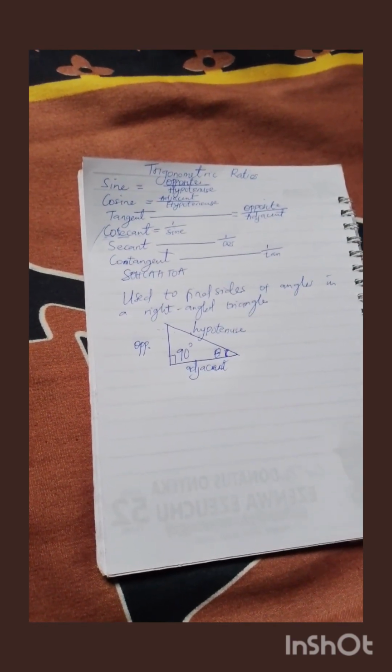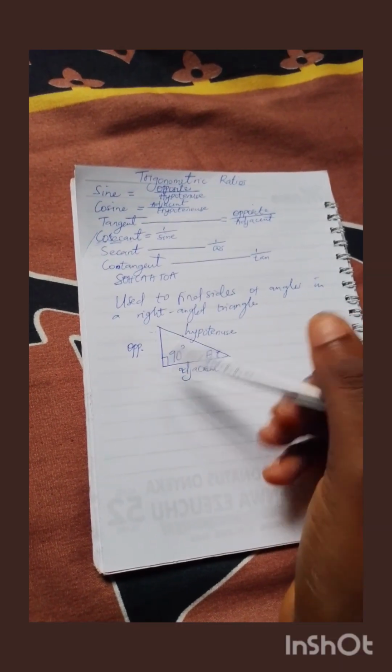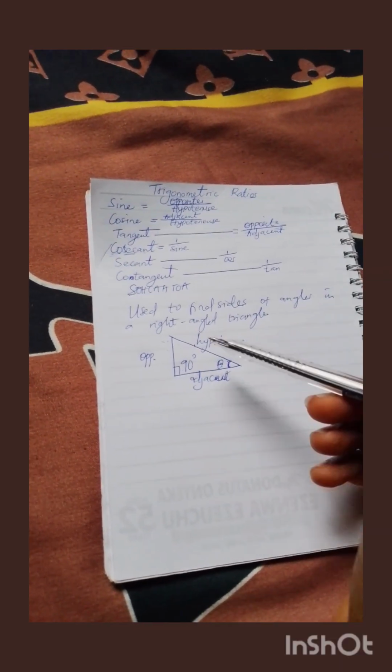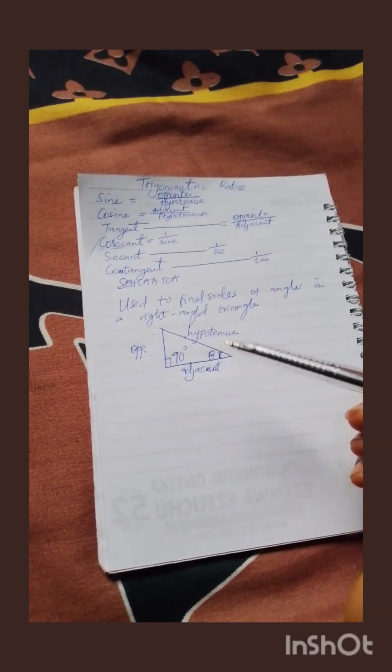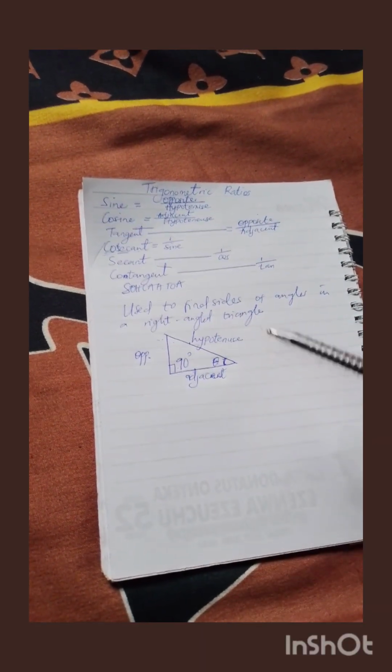Or you are given 2 sides and asked to find the angle. Or you are given the 3 sides and asked to find a particular angle. Just know that you can make use of these trigonometric ratios.